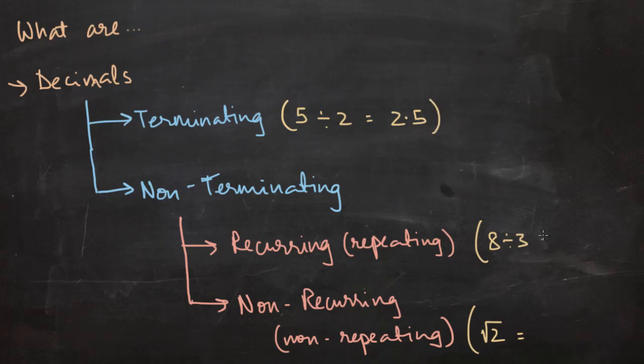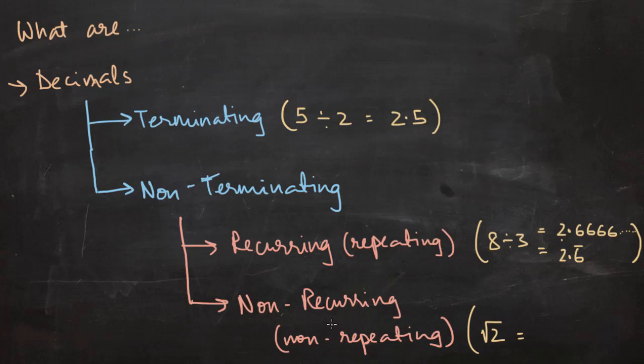Whereas if I divide 8 by 3, I get the number 2.6666 and going on, right? Or rather, this decimal keeps repeating itself after every decimal place. So I can also write this as 2.6 bar. So this is an example of a repeating non-terminating decimal or a non-terminating recurring decimal.